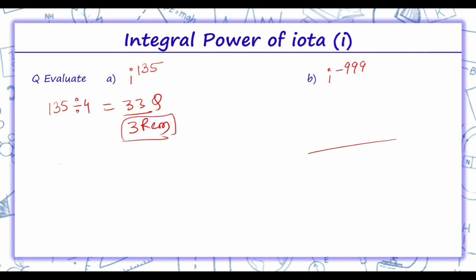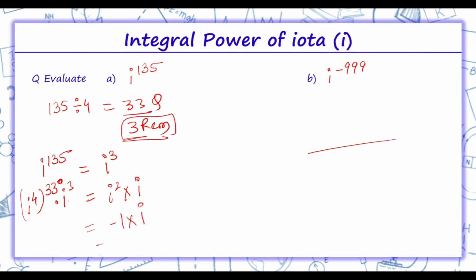So since we are getting 3 as a remainder, i to the power 135 can be written as i to the power 3, because this will be written as i to the power 4 into 33. i to the power 4 is 1 into i to the power 3. Therefore it is only written as i to the power 3, and as we know i to the power 3 is i square into i. Therefore minus 1 into i will be minus i.